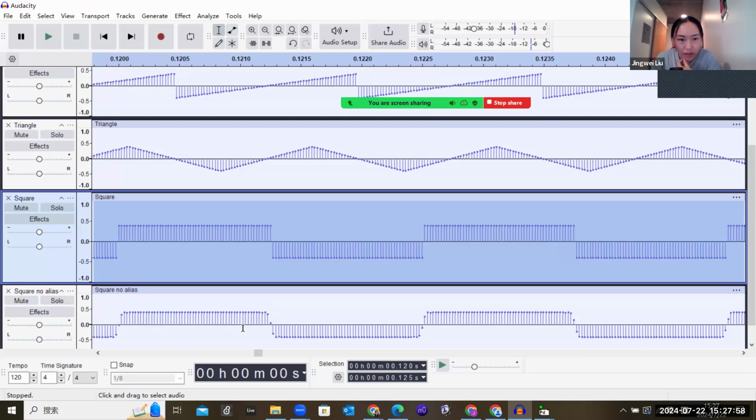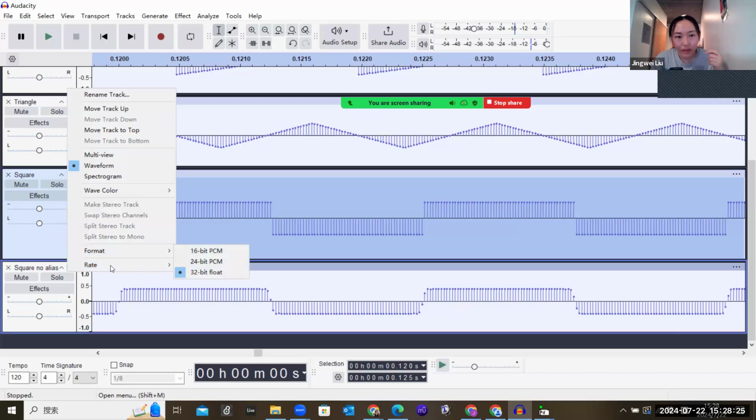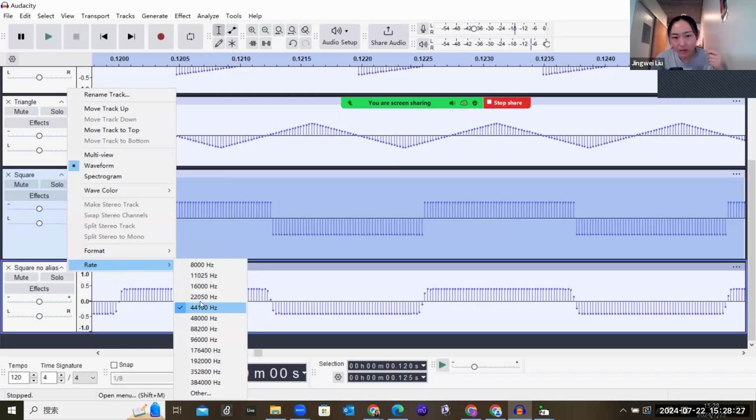For square without alias, it's more smooth. It has some transition part here, but for the perfect square, it doesn't have transition. So square without alias actually means that in this square wave, it eliminates all the frequencies above half of the sampling rate. Our sampling rate here is the standard, right? 44100.